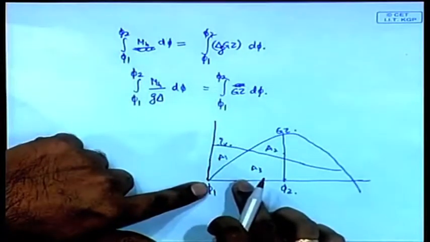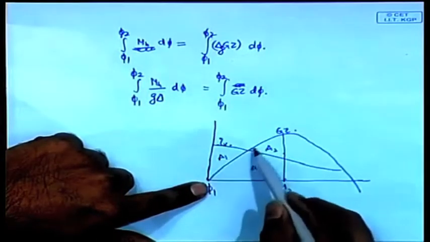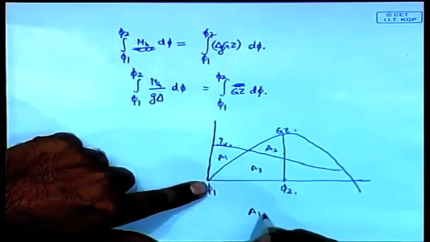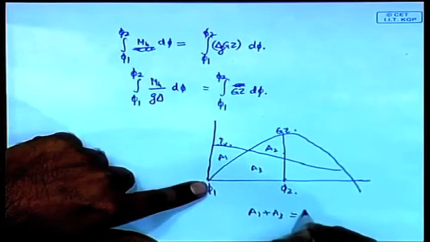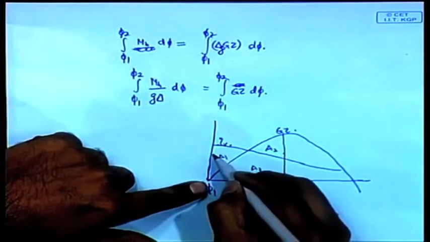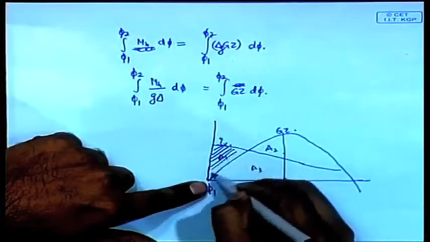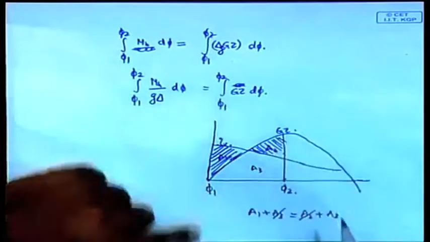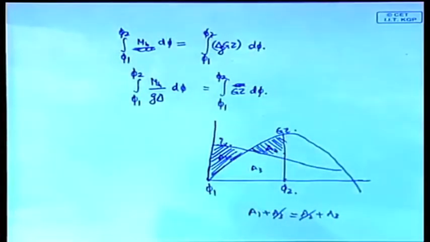The area under the GZ curve is A2 plus A3. Therefore A1 plus A3 is equal to A2 plus A3, or rather A1 is equal to A2. This is the condition. This area is equal to this area. We did this in the derivation of the wind heeling arm also.